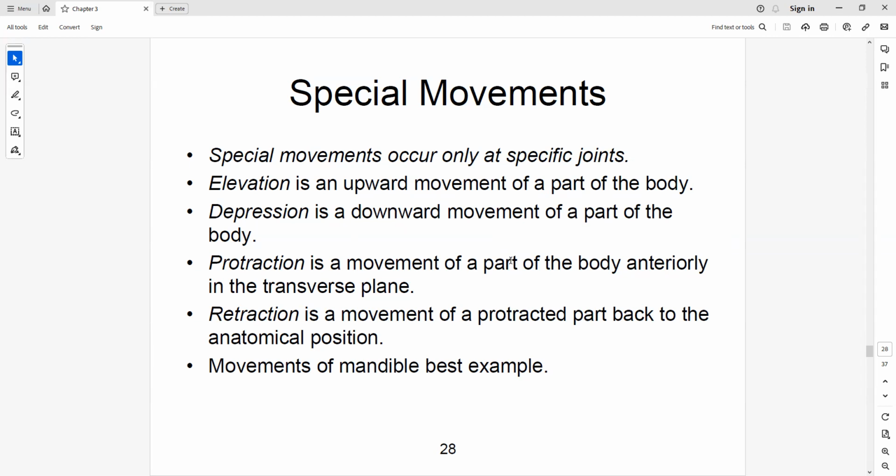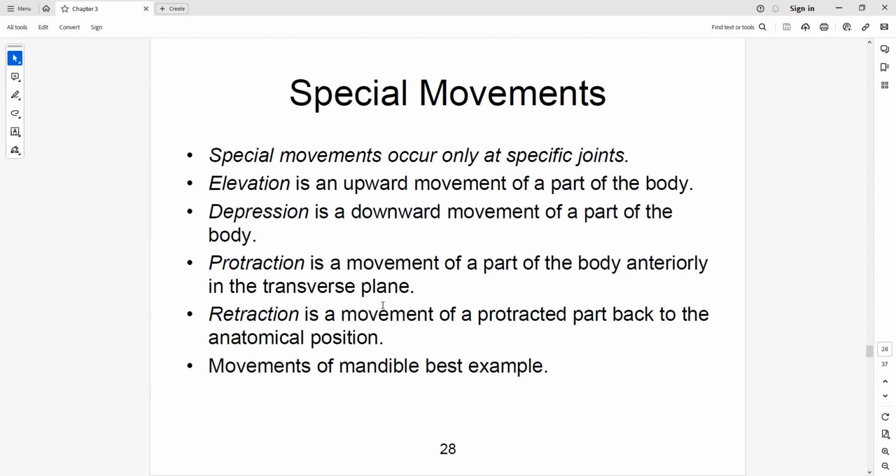We'll be looking at the structure of the temporomandibular joint, and we will be able to see just how it is possible that not only can you carry out the lowering of the mandible, the depression, not only can you bite onto something, that is when you elevate your mandible, but you can also move your mandible forward, maybe about an inch or so, and then you can move it back to anatomical position by the movement of retraction. Our scapula can do this type of movement too, but the best is the mandible.